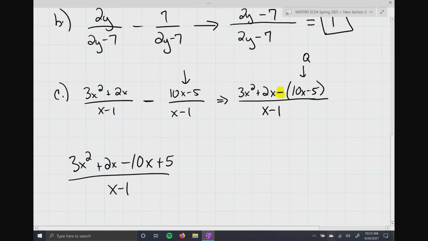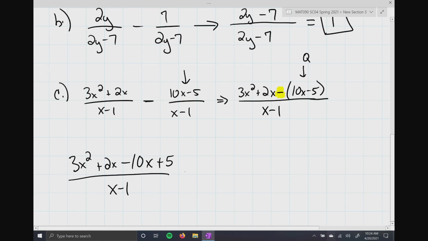All right? That is the number one mistake you will make, is you won't put the second numerator in parentheses and distribute. You have to do that. Okay? It's the number one mistake. So please be very careful of that.